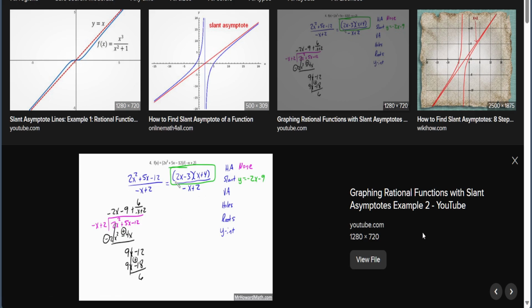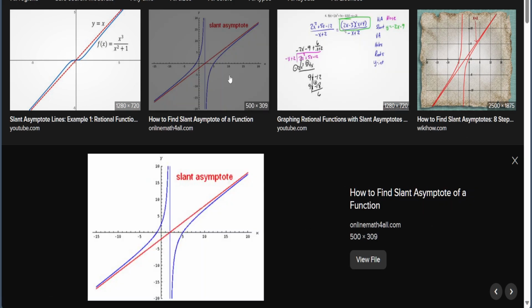If it's a plus, then that means it's going over the line, so it's approaching the line from the top, like it is over here at the left side of this graph. But if it's a minus, then it's coming from under the line, like it is over here.